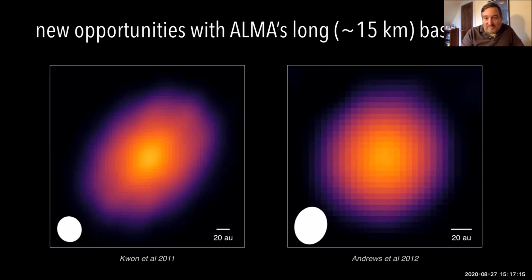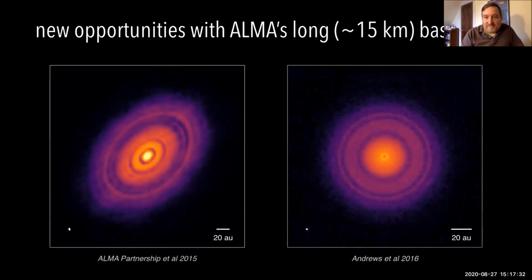So these are 2 disks, observed at 20, 25 AU resolution. And I can tell you that we did a lot of great science with this kind of resolution images. But when ALMA gave access to their 15-kilometer baselines for the first time, this is the kind of thing that we saw, right? There's a huge dramatic difference in the inferred structure and substructure of these disks. Right?